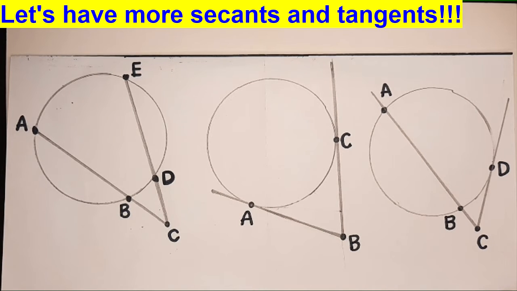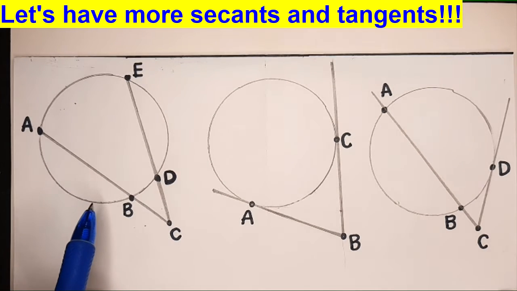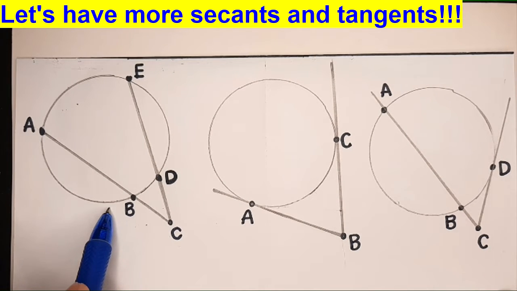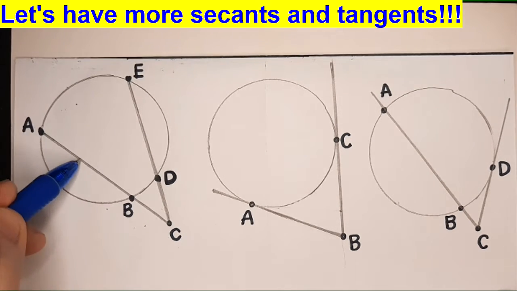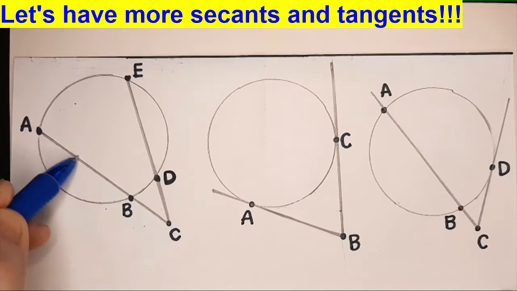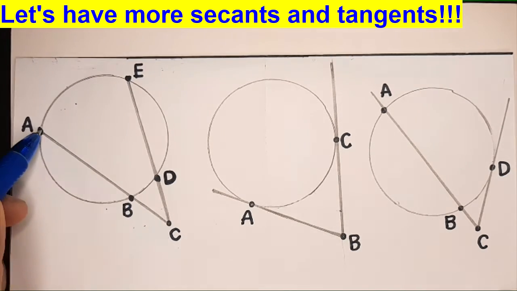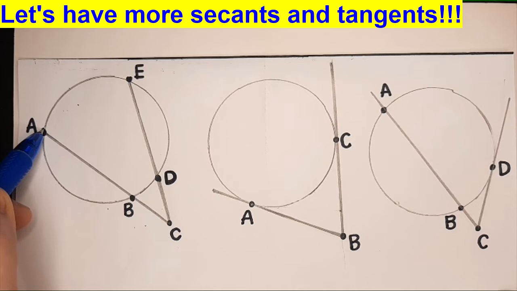Okay, let's have more discussion on secants and tangents. Okay? So, I have here 3 more circles. Okay? So, here, what do we have? We have 2 secants, right? Ito. This is the first secant because it touches the circle in 2 points, right?